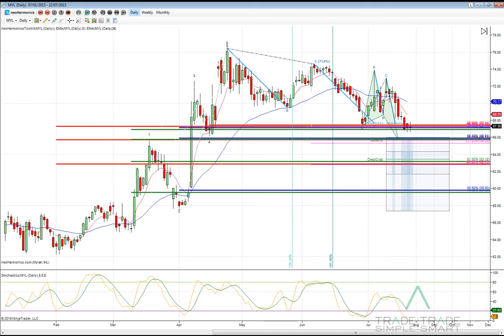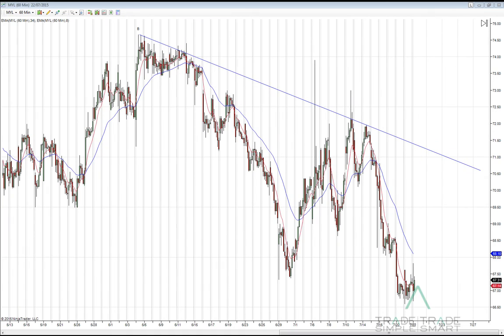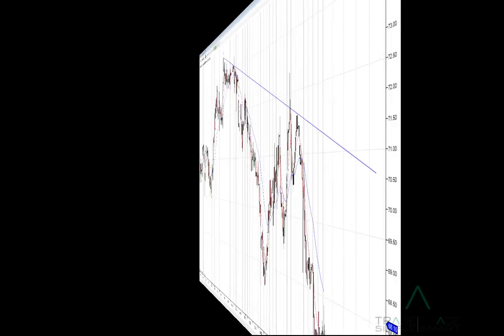In terms of the future direction of Mylan, we would want to see on the lower time frame a moving average cross of our 2 moving averages, and then the taking out of a swing high. Once we have these 2 conditions, we will then enter into a trade, and then we will plot our target zones, and we will manage our trades accordingly.